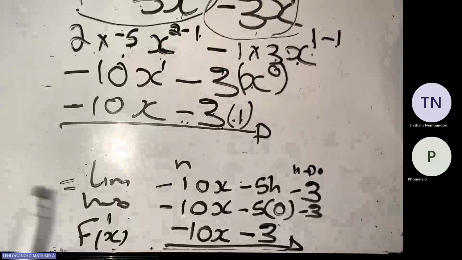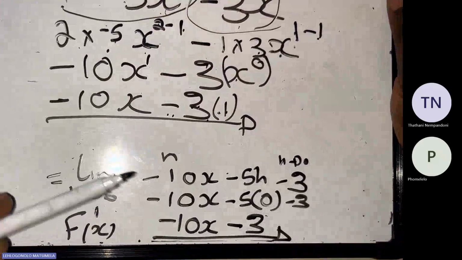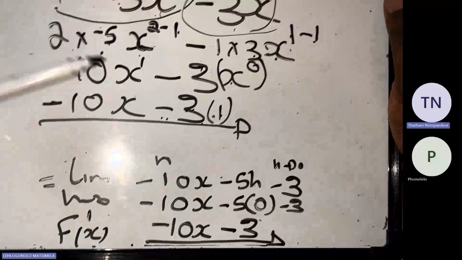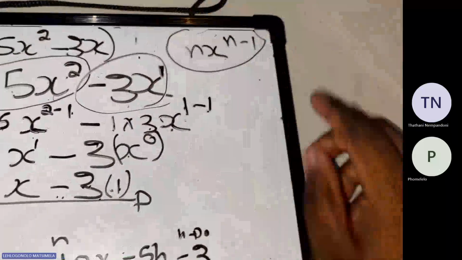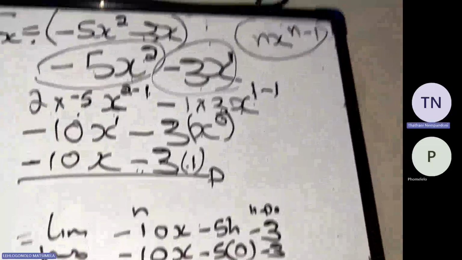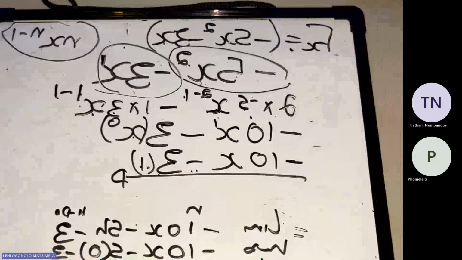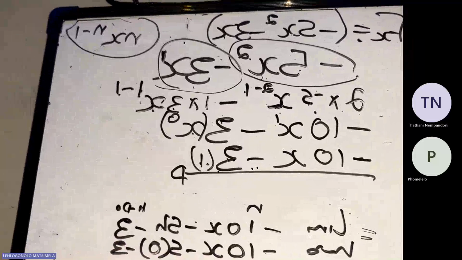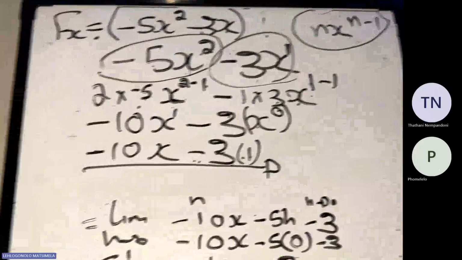That is why I advise you that when you work from the first principle, to get all the answers or the marks correct, derive it with your shortcut method and see that the answer will be the same as yours. Because sometimes you can be doing something thinking that you are doing it correctly, but then only find out that the answer you are finding there is not the correct one.